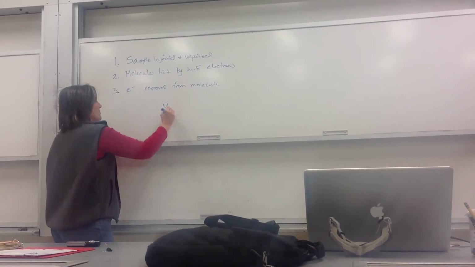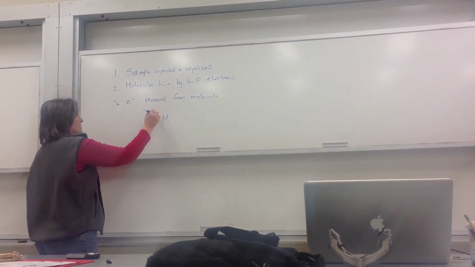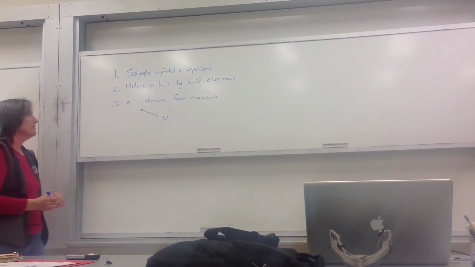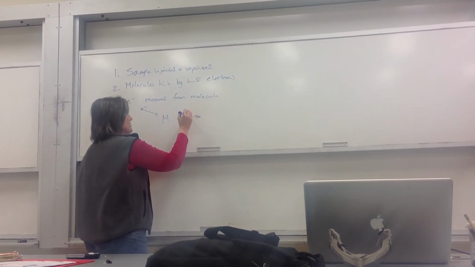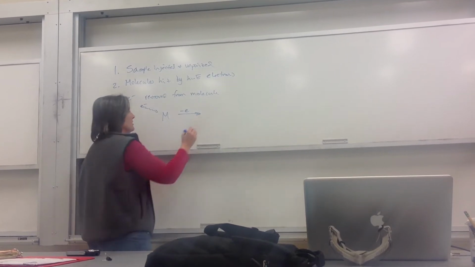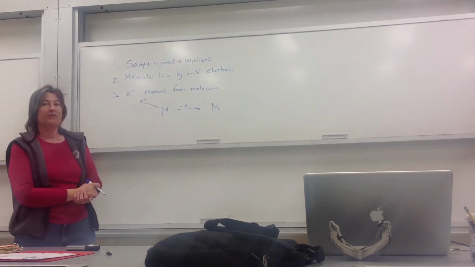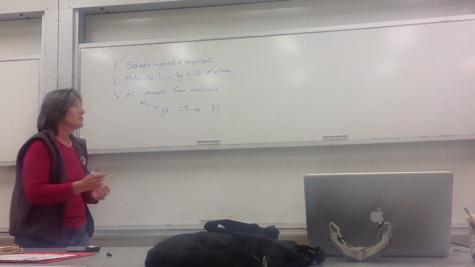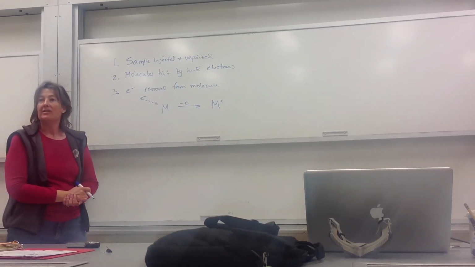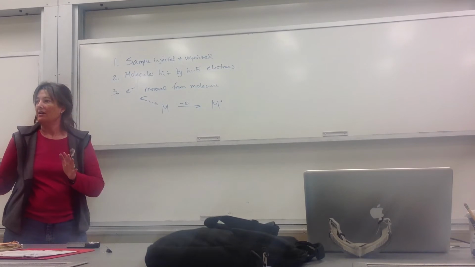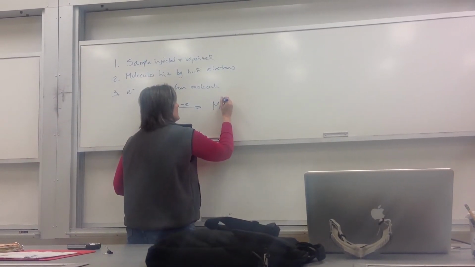I'll be drawing the molecule as an M. And I'll show an electron flying into it, hits the molecule M, and we will lose an electron out of the molecule. And what's going to happen is the molecule then will have an unpaired electron. So we're going to put a little radical, so it's a radical. And since it lost an electron, which has a negative charge, the molecule is left with a positive charge. So we're going to put a little plus in there.